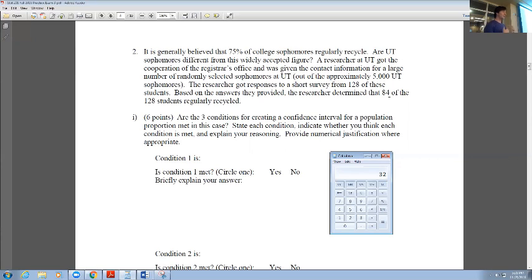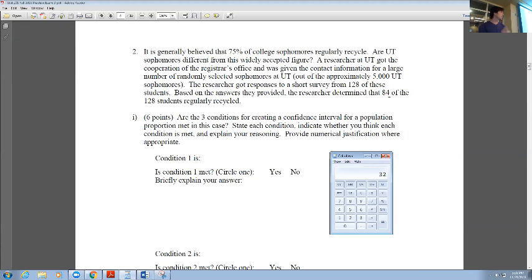So the third condition must be some form of the success failure. If the question wanted you to do it for confidence intervals, we would look at np hat and nq hat, which this one does, but on your test we don't have confidence intervals this time around. What is np hat equal to? np hat is the number of successes in the sample.